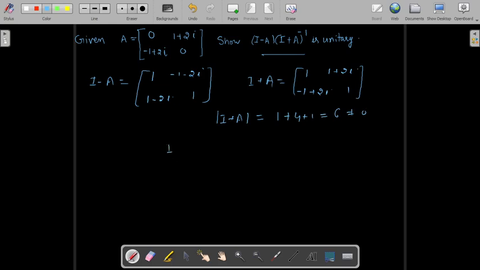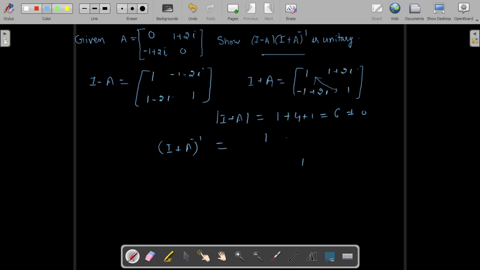For I plus A inverse: interchange the diagonal elements. Here 1 as it is, 1 as it is. Interchange the diagonal elements and attach the negative sign with the other elements.